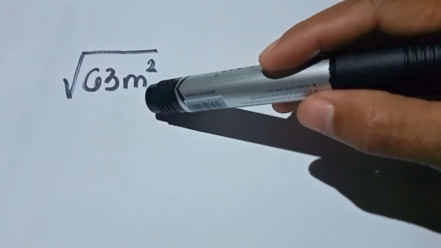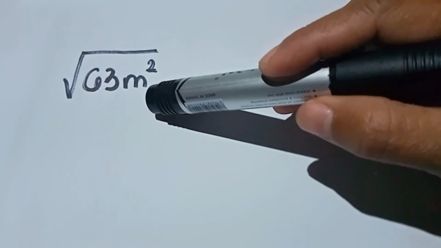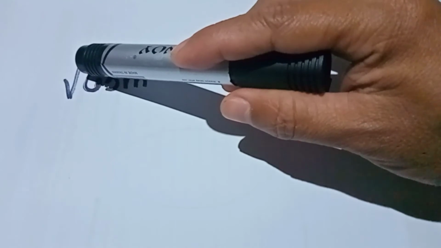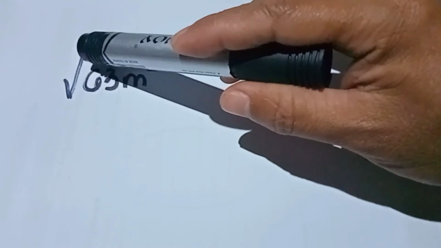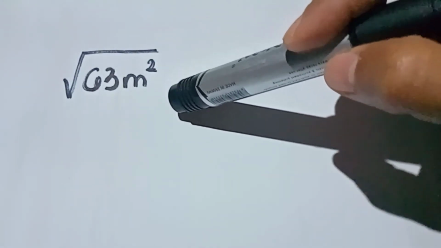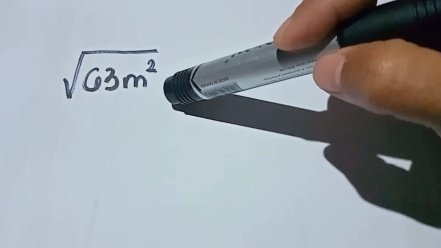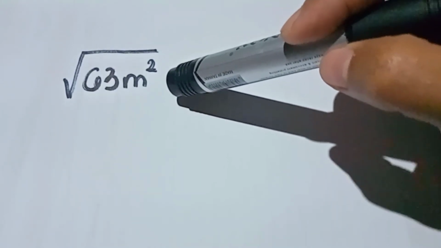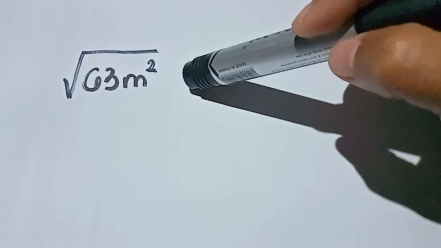Here is our example. Square root of 63m squared. Ngayon, dahil understood na mayroon tayong index dito, kaya square root of 63m squared. So, ang 63m squared is not a perfect square. Ang gagawin natin ngayon ay fa-factor natin ang 63m squared.